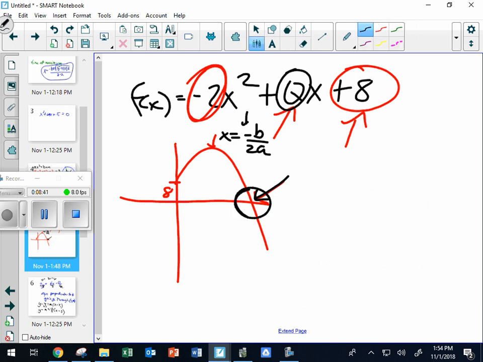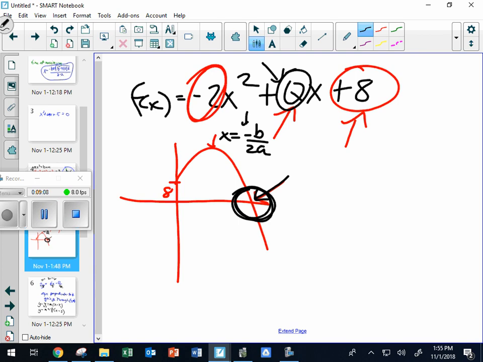That spot right there, it's one of the whats. Roots, x-intercepts, zeros, and I'd use the quadratic formula. Could you do that if you don't know this? Sure. You just stick it in wherever the formula asks you for what letter? B. Wherever the formula wants b, you'd put a q. Okay?